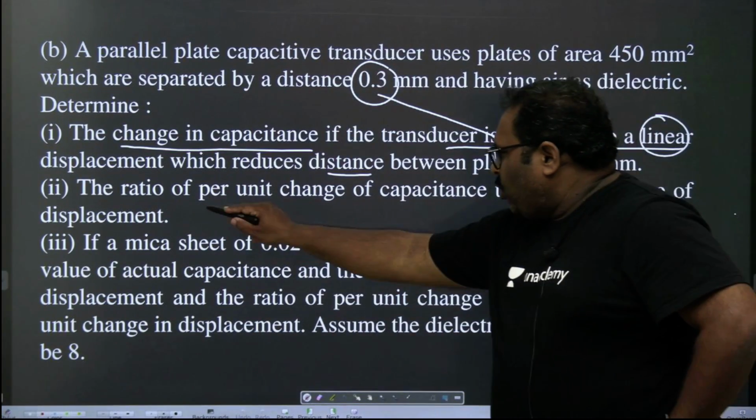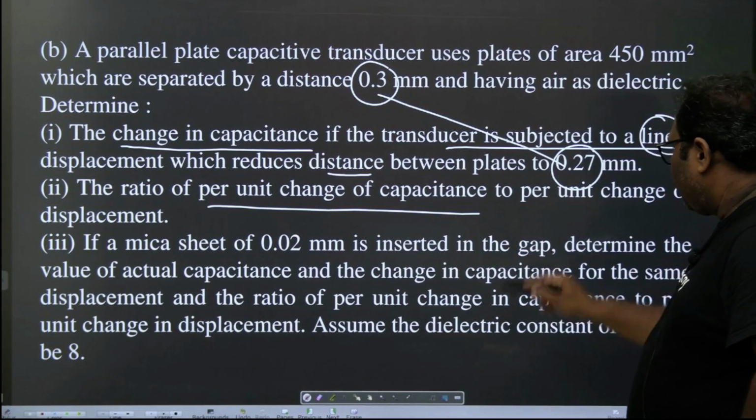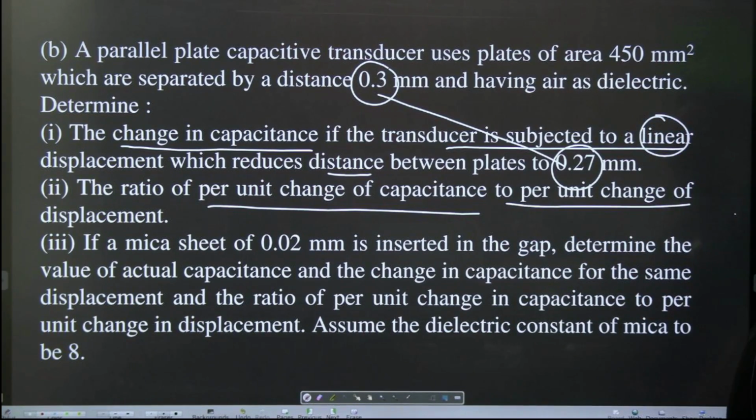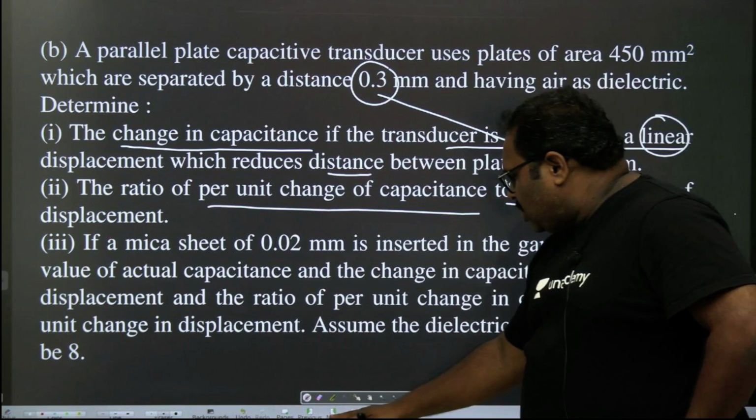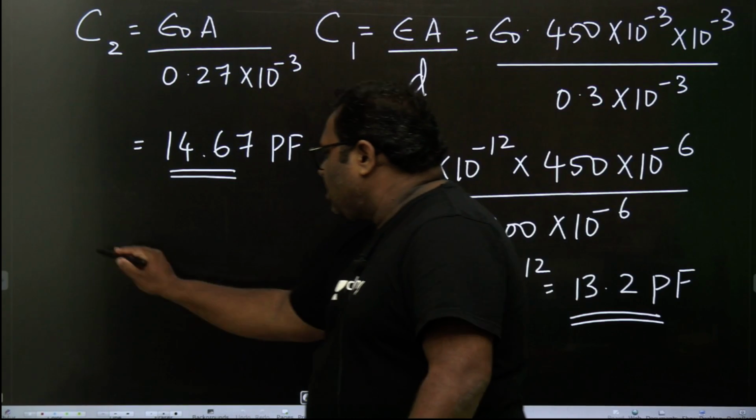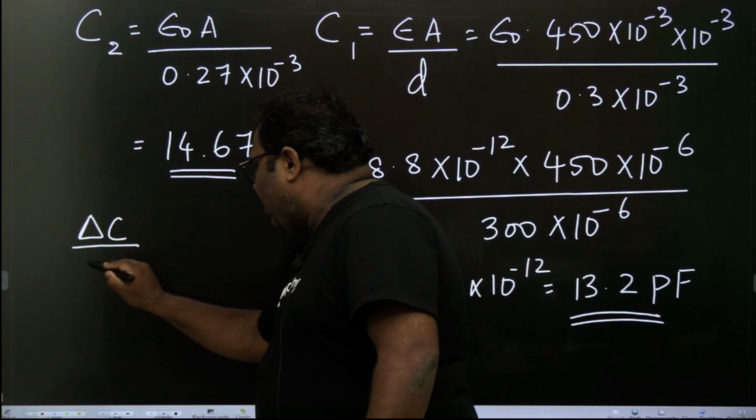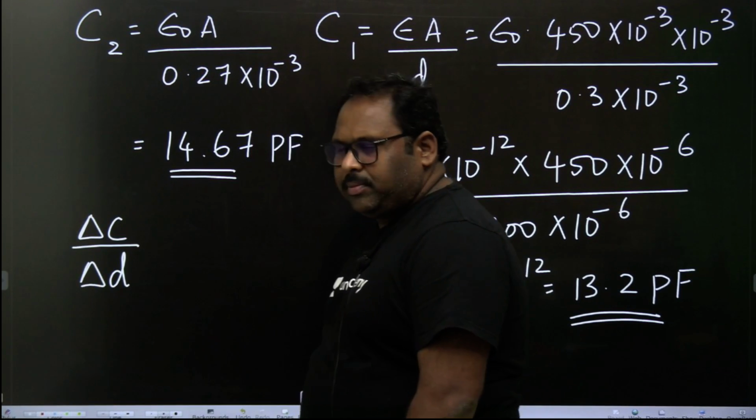The ratio of the per unit change of the capacitance to the per unit change of the displacement. So what is the ratio of the change, it is delta C by the delta displacement change.